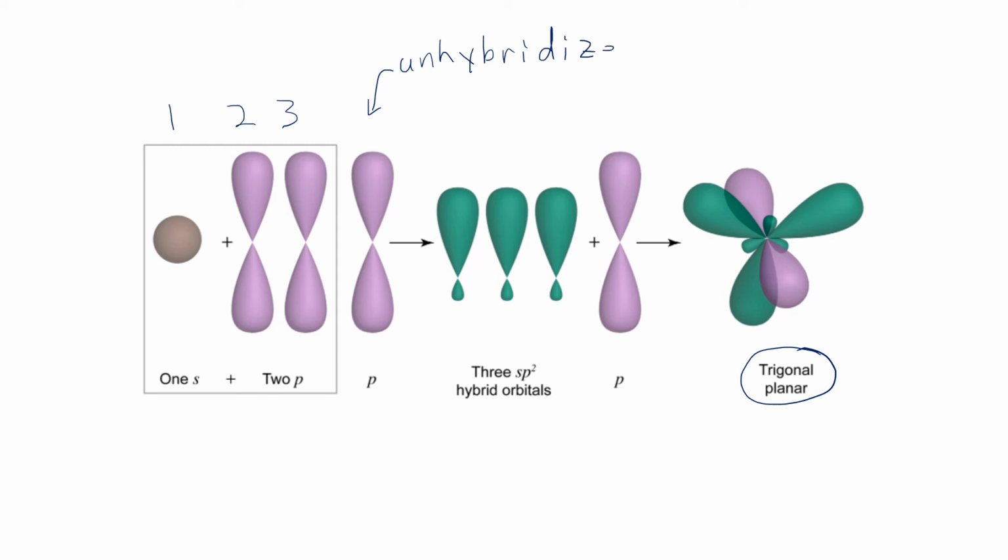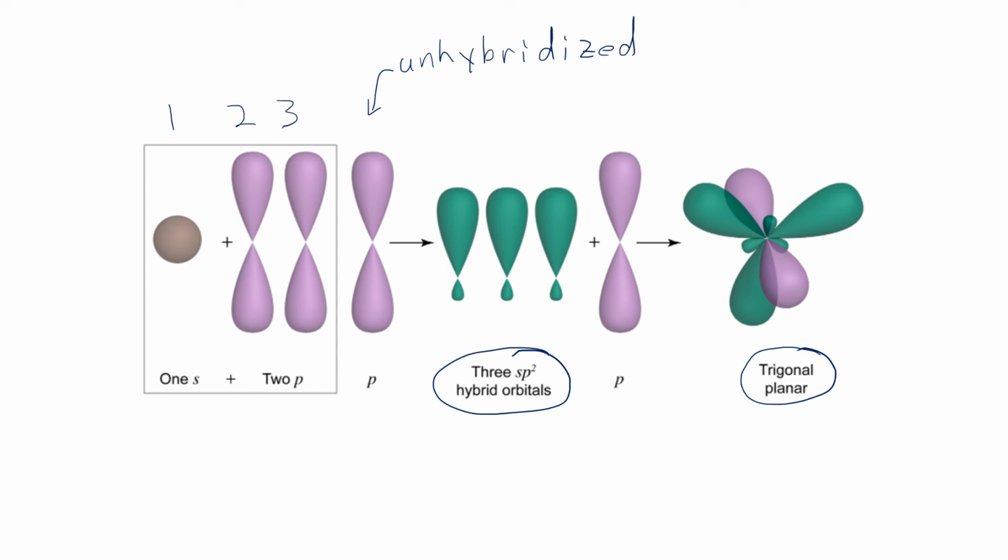Why is that important? Why am I bringing that up? Well, it turns out for something like carbon, when it has this type of hybridization, which is called sp2 hybridization, that collection of 3 hybrid orbitals and then this one unhybridized p orbital allows that carbon atom to make a double bond.